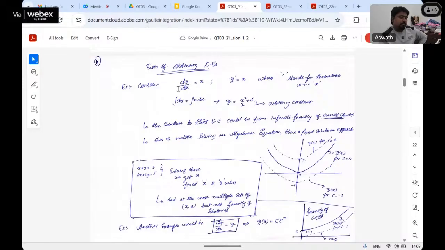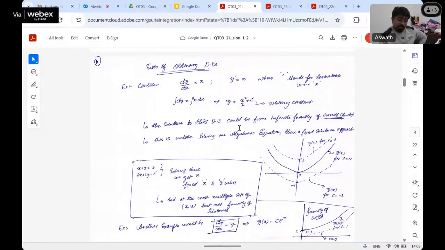That is what we saw in a simple differential equation of order 1. There are many possible solutions, where the constant of integration, C, dictates what kind of solutions we can have.